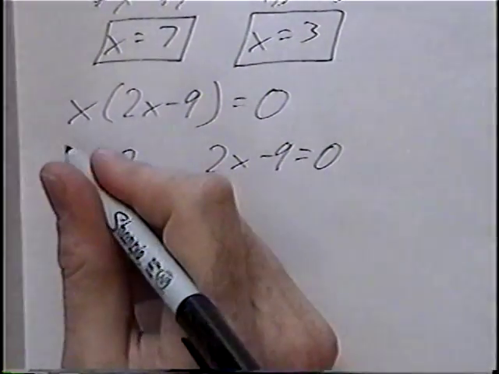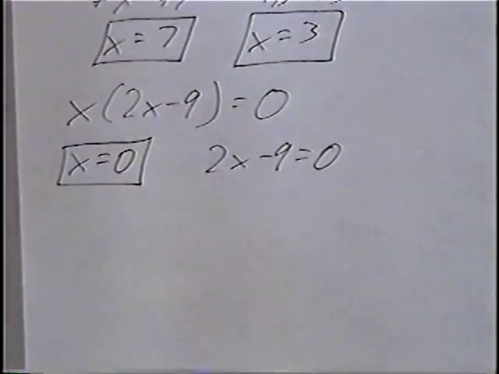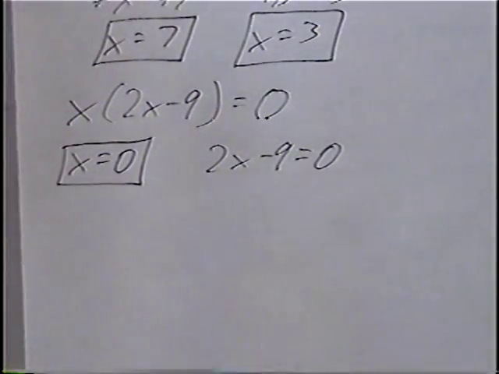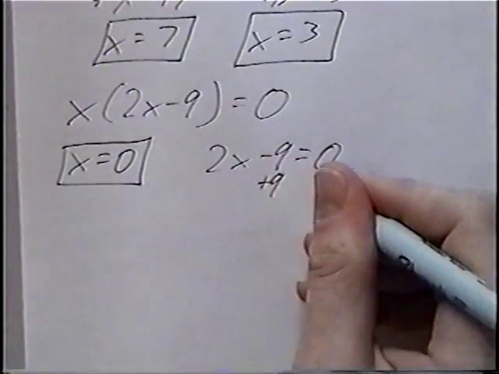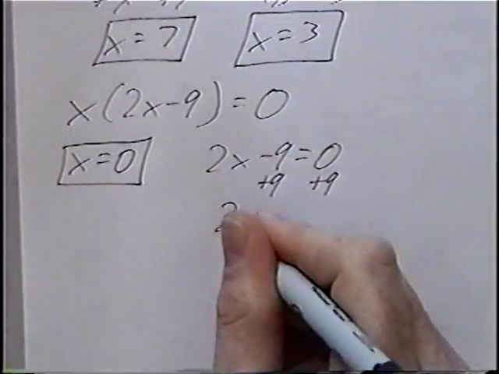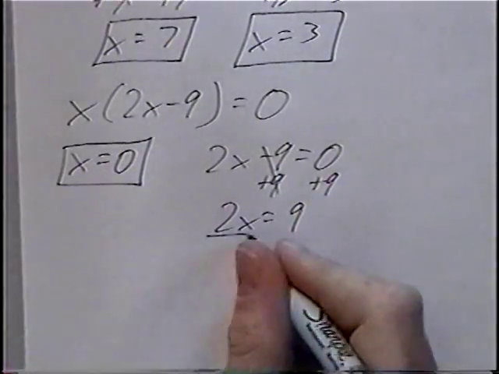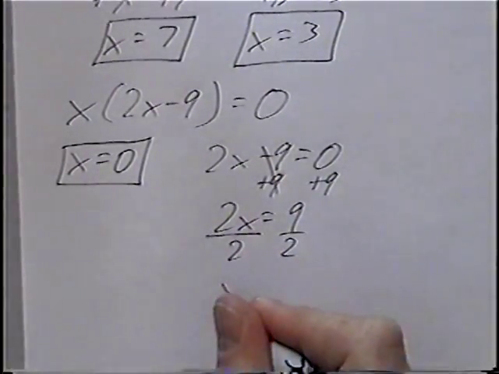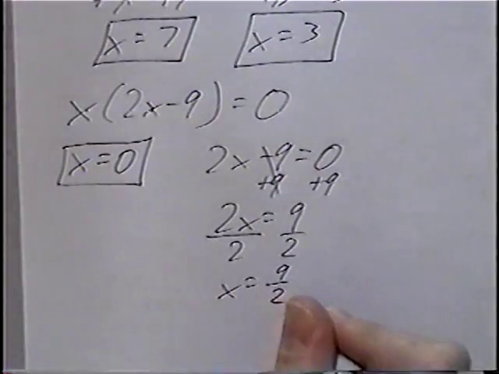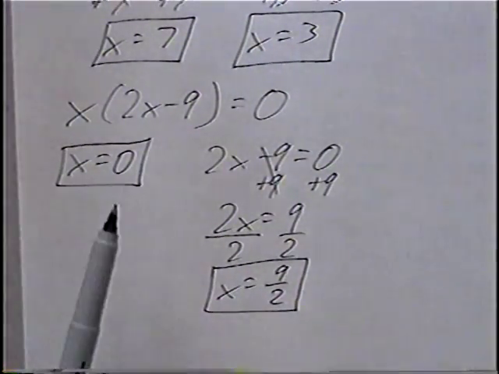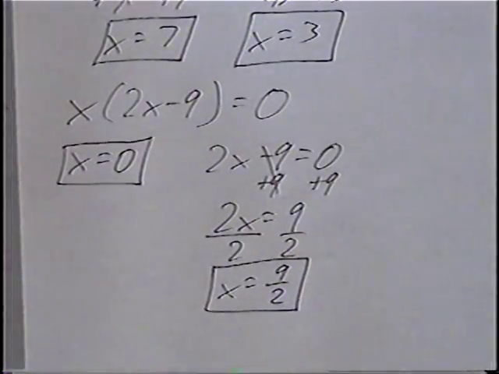The first one solved, x equals 0, would be the first possible answer. And the second equation, to get rid of the minus 9, we can add 9 to both sides. 2x equals 9. And dividing by 2, we have a fraction x equals 9 over 2. So again, two answers, x equals 0 and x equals 9 over 2.